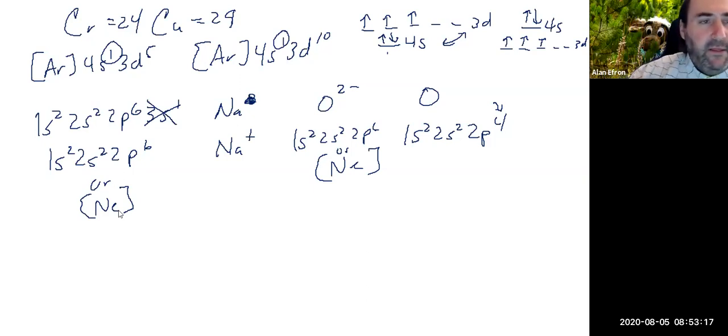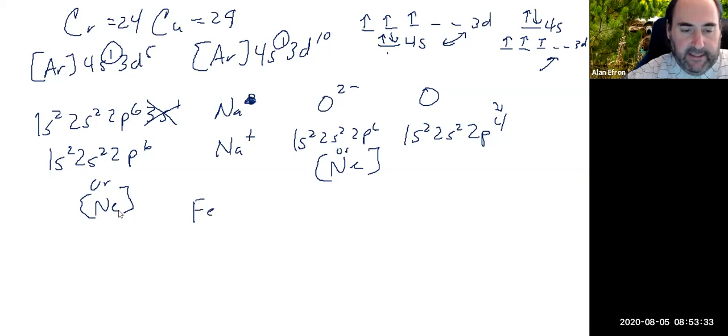But when we get to our transition metals, because of this change in energy, take iron, for example, which is 26.